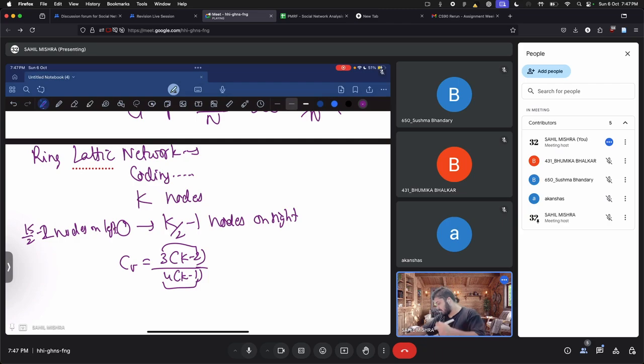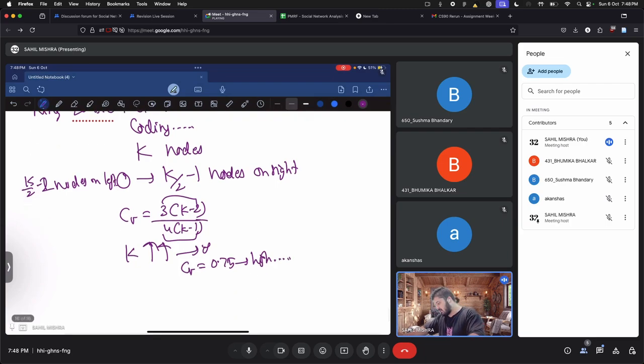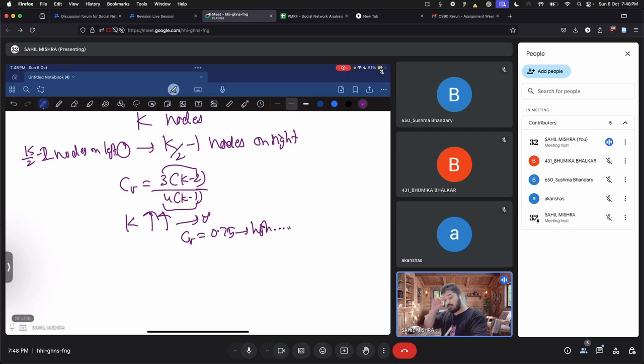So for a very large value of k, when k tends to infinity, the local clustering coefficient is 0.75, which is very high. So now we have satisfied the property of local clustering coefficient as well, apart from what they have already given.